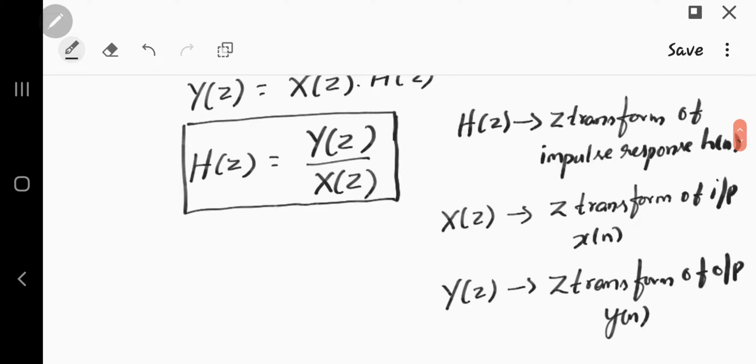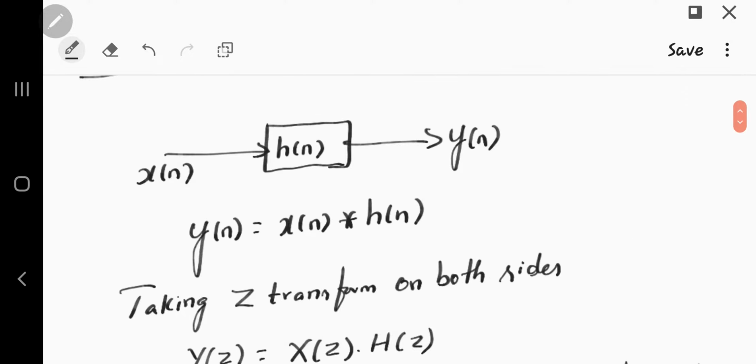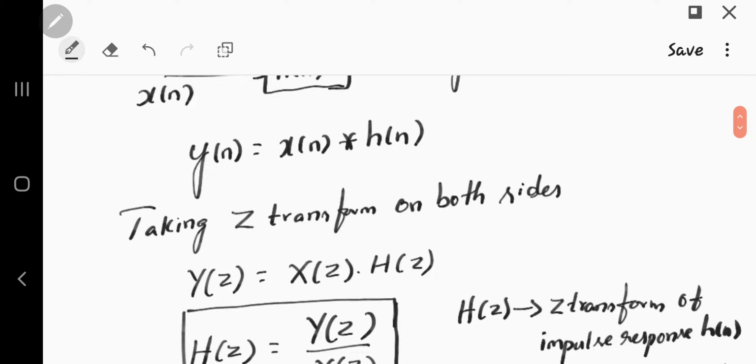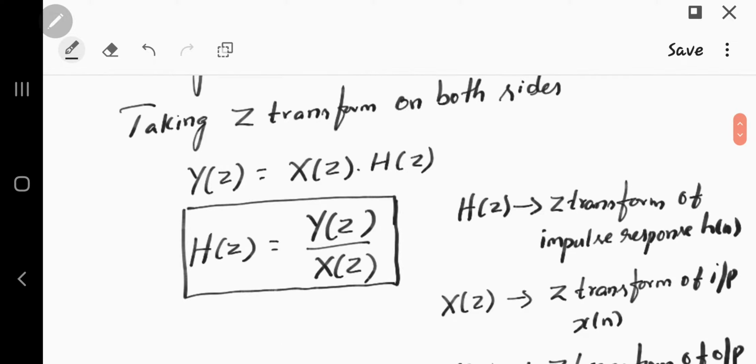Now based on this, we are going to take some examples where a system will be given with input and output in the time domain, and we are supposed to find the impulse response. That means x of n and y of n will be given and we have to find h of n. We have to take the z transform of x of n and y of n, and express it in the form h of z equals y of z by x of z.